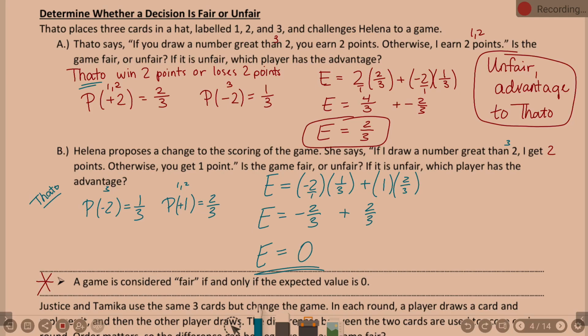The sides balance out, don't they? Theto could lose 2 points, but he only has a 1/3 chance of losing 2 points, versus Theto could earn a point. It's only 1 point, but he has a 2/3 chance of doing that. It all equals out. So this is fair, and my proof is the expected value is 0.